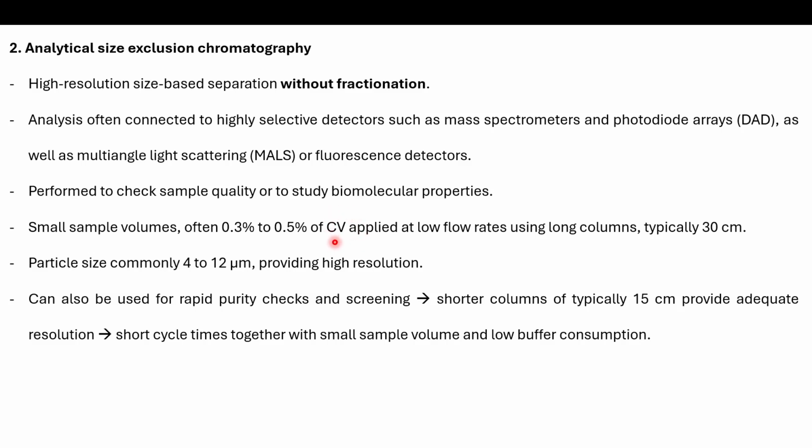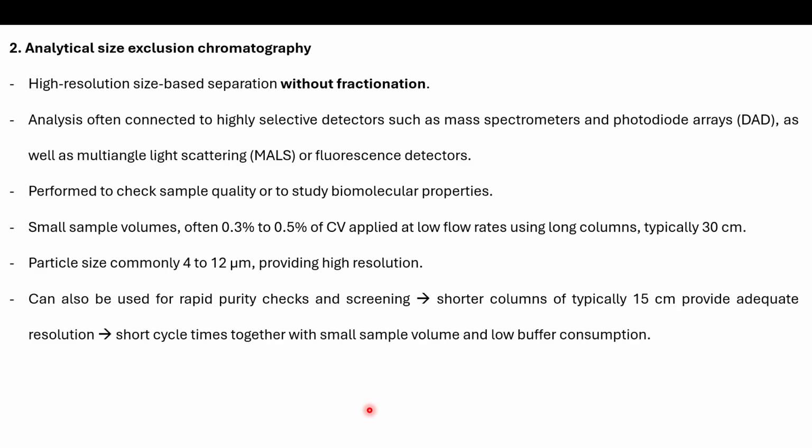CV is the total column volume of the matrix, which is applied at low flow rates using long columns, typically 30 centimeters. The particle size is commonly 4 to 12 micrometers, providing high resolution. This can also be used for rapid purity checks and screening. Shorter columns of typically 15 centimeters provide adequate resolution, and short cycle times together with small volume and low buffer consumption. So if we are just doing a quality check, this analytical SEC is performed.